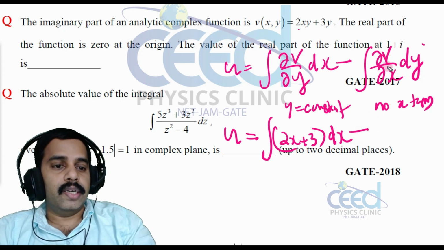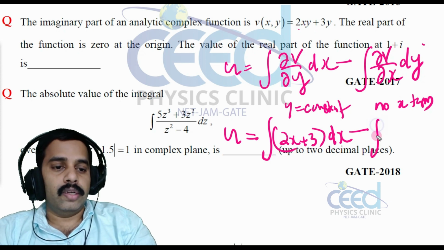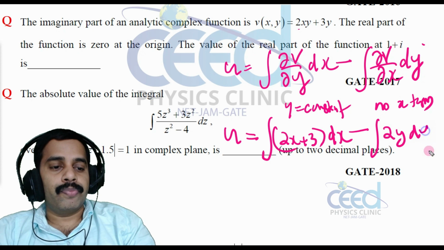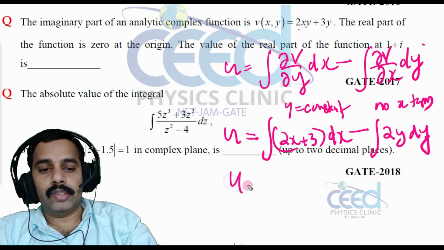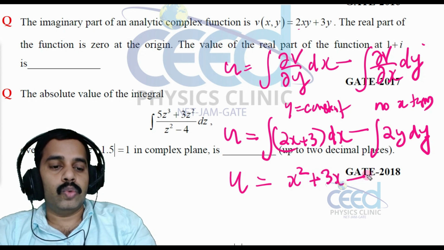Minus here dou v by dou x. What is dou v by dou x? 2y, right? So here we have 2y dy. There is no x term here, so we don't bother about that. So when I integrate this, this is x square by 2, so the 2 cancels, plus 3x minus 2y square by 2.